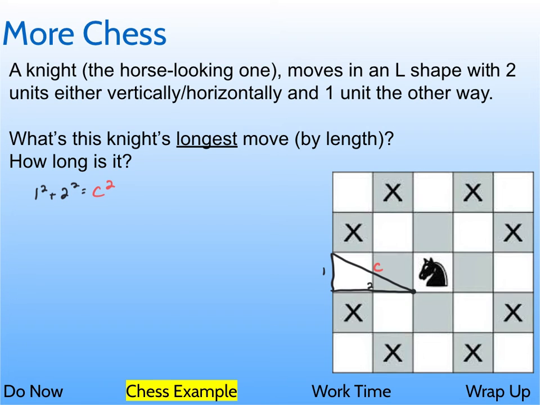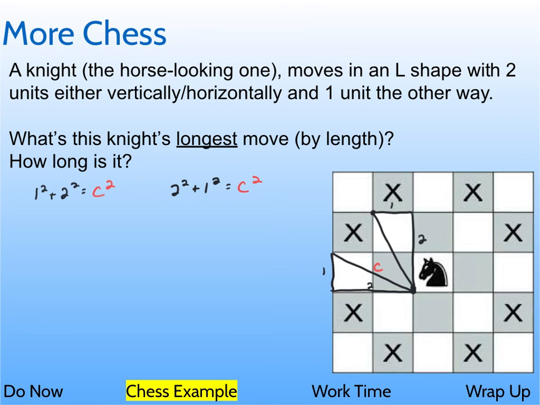So if we start in that same bottom left corner, and we're going to go up to this other x, take a look at what this right triangle is. This is a 1 by 2 right triangle. So if you wrote it this way, you could write 2 squared plus 1 squared equals c squared. But let's face it, you're going to end up with the exact same situation.